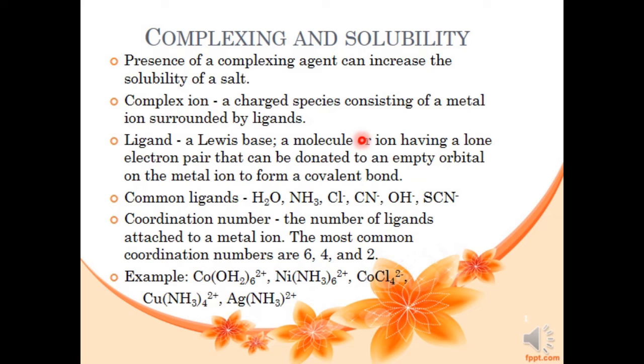I don't have to elaborate more because you have studied this. These are examples of complex ions: Co(H2O)6 2+ and Ni(NH3)6 2+. This shows the coordination number of the ligands.